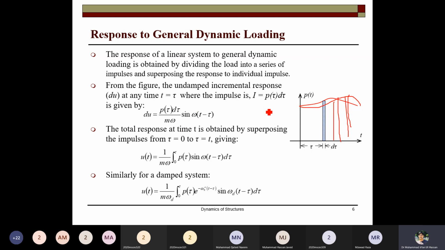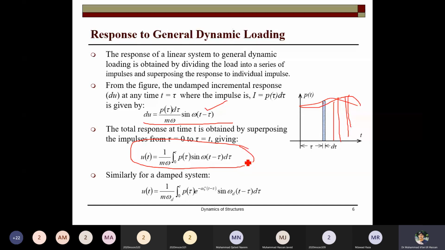For example, the response at any instant du is given by P(tau), that is how much load is acting, and d tau, what is the interval, divided by m omega, sin omega (t minus tau). So just putting that time difference and then integrating from 0 to t, you can get the general response.